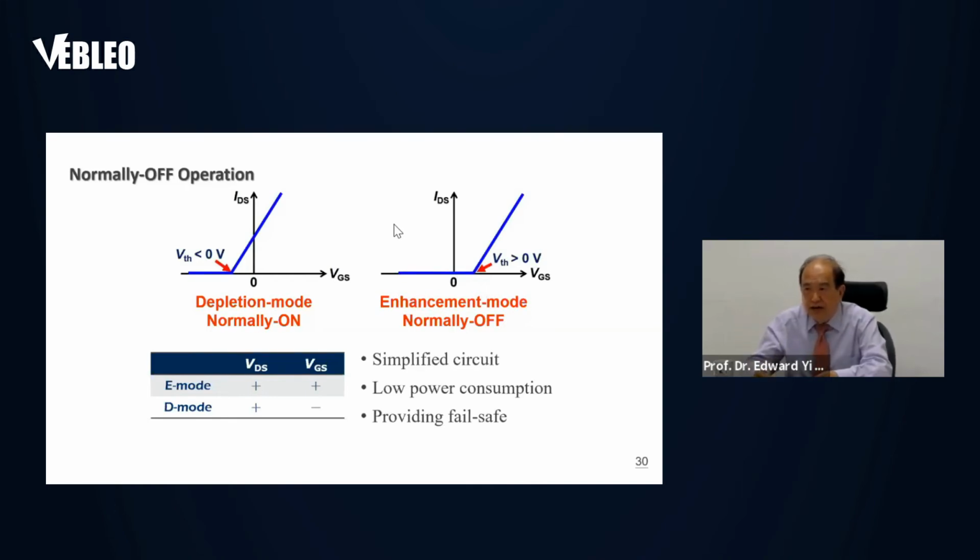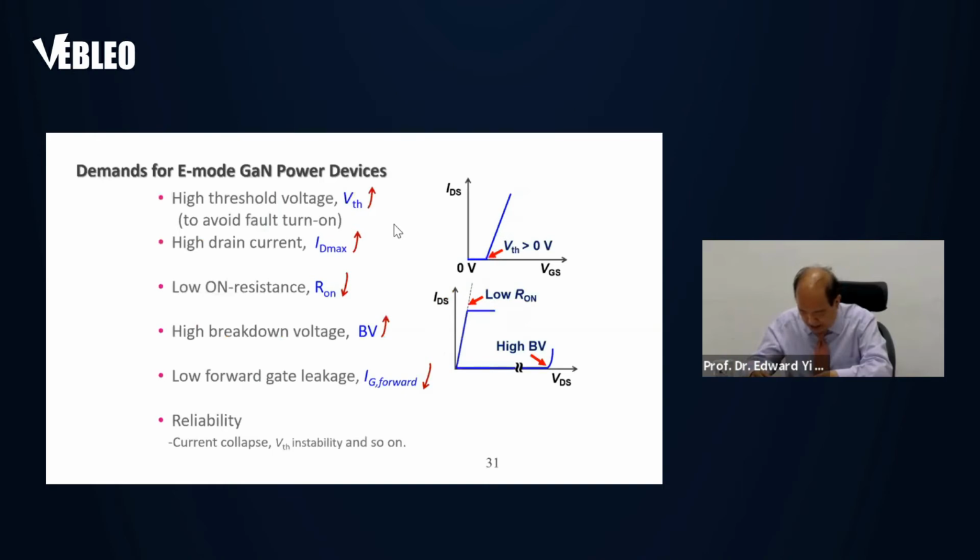And it also provides fail safe, because if you have an AC/DC converter and it fails, then your whole system module fails, and the car will keep on going. So this provides fail safe operation. But with that E-mode device, you still have some requirements.